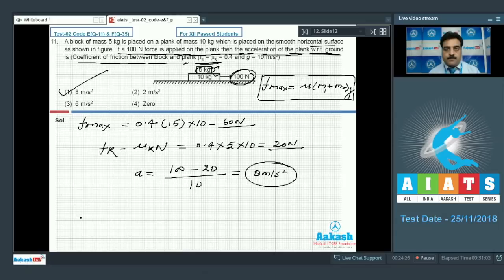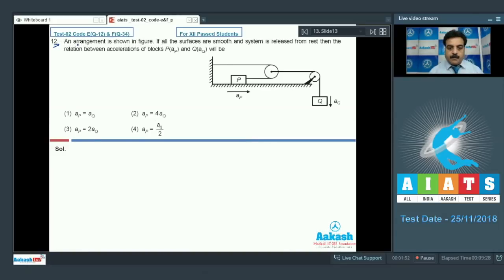So let's move on to question number 12. In question number 12, an arrangement is shown in the figure. If all the surfaces are smooth and the system is released from rest, then the relation between the accelerations of blocks P and Q, that is AP and AQ, will be. We can solve this question by using the constraint relation.